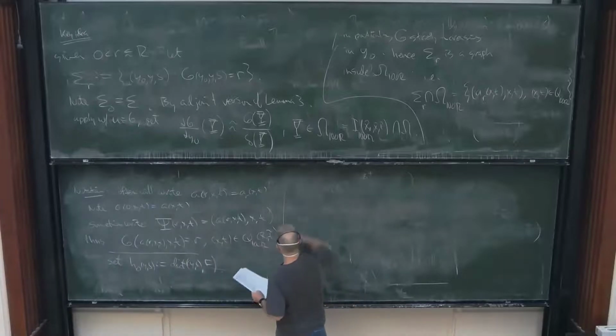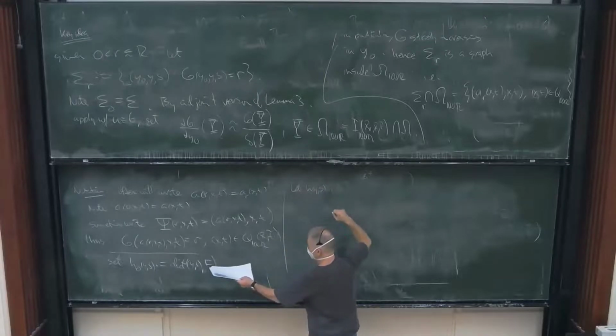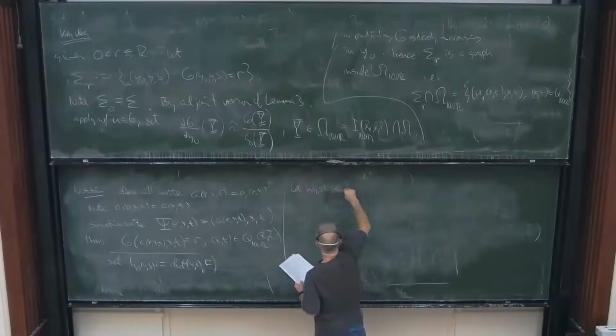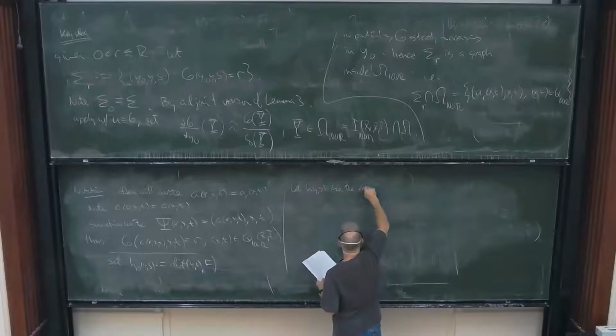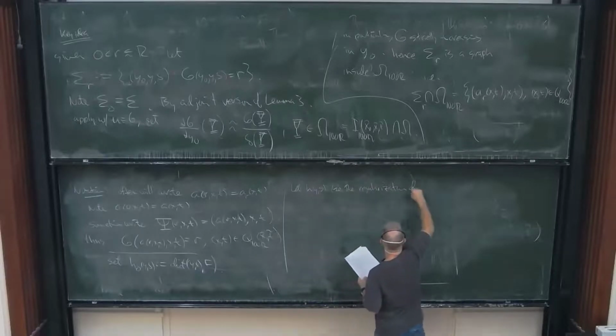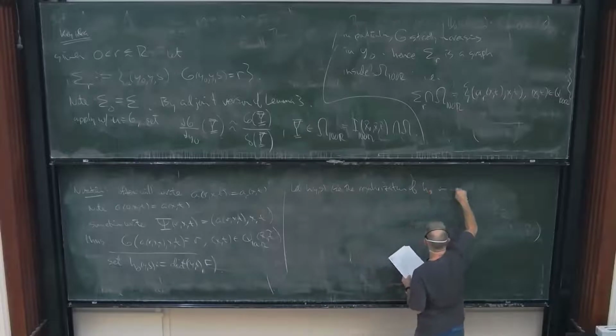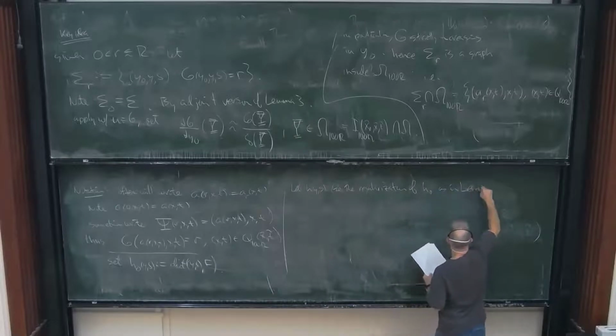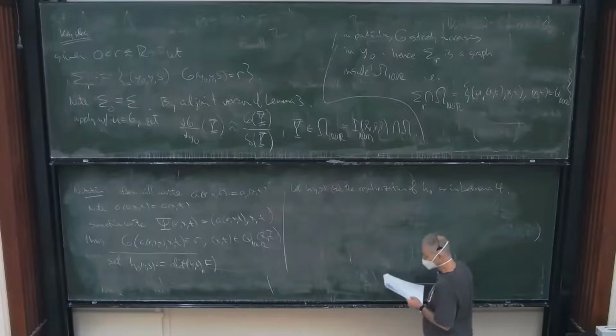And I'm going to let h of (y, s) be the regularized version of this guy, the regularization of h naught as in lemma 4. Okay?